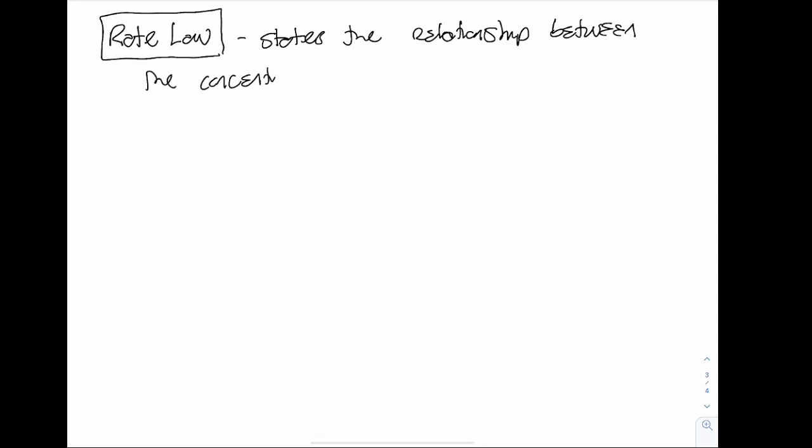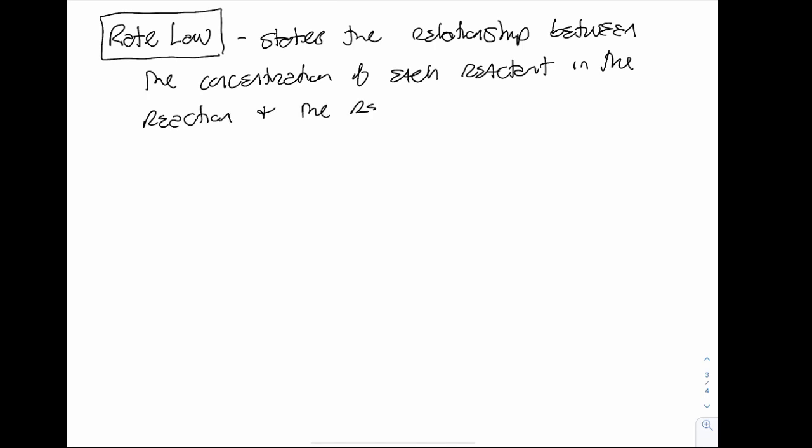So it states the relationship between the concentration of each reactant in the reaction and the reaction rate.